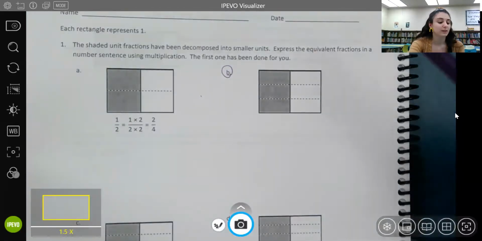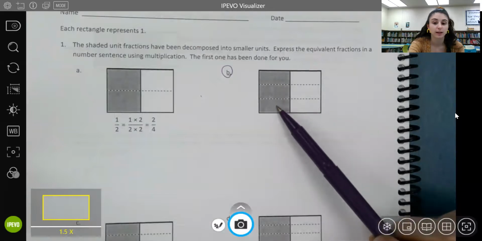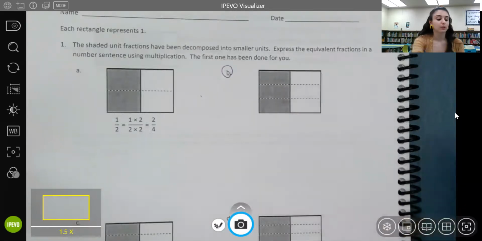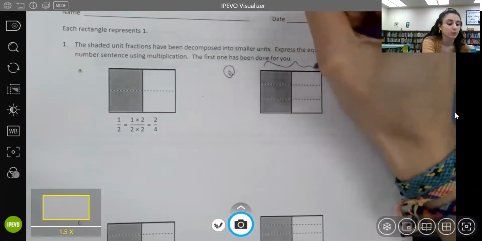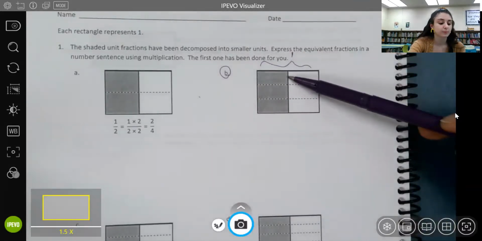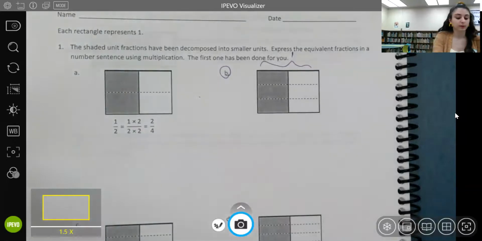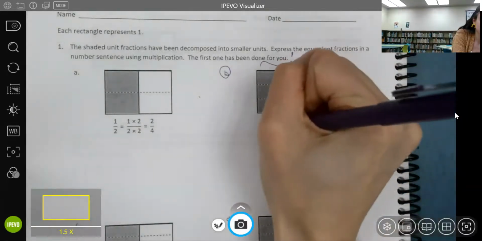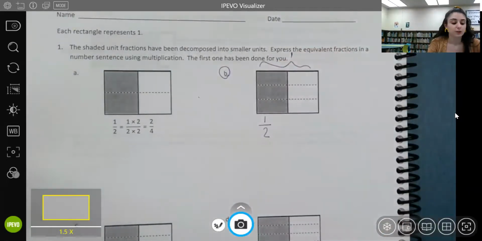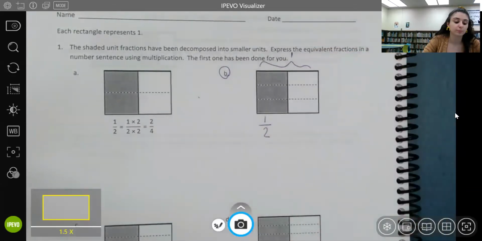In B again, looking at our tape, we have 1 and 1, which makes 1 whole. And again, they put the line down the middle, so we have 1/2 and 1/2. So we can write that down, 1/2. Then they cut it in half into 2 more lines.